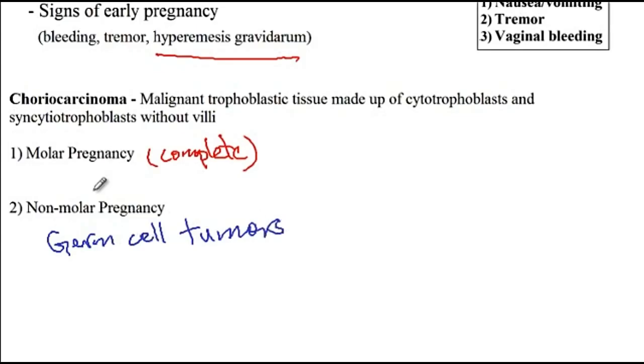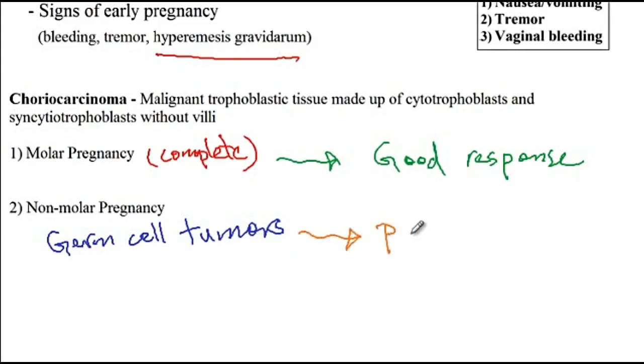And then a critical difference between these two forms of choriocarcinoma is that the one that has arisen from molar pregnancy has a good response to chemotherapy, while the one that has arisen from germ cell tumors has a poor response to the chemotherapy.